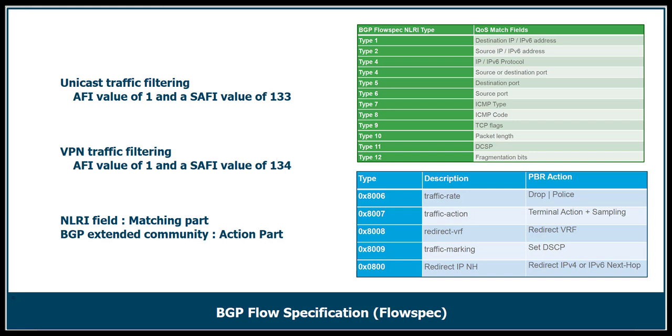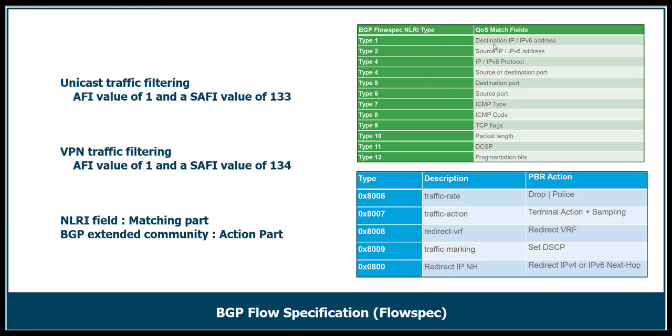Every Flowspec route can be understood as a rule consisting of two parts: match and action. The matching part is encoded in the NLRI field, and the action part is encoded as a BGP extended community. In the green table, you can see Flowspec NLRI types for match criteria.